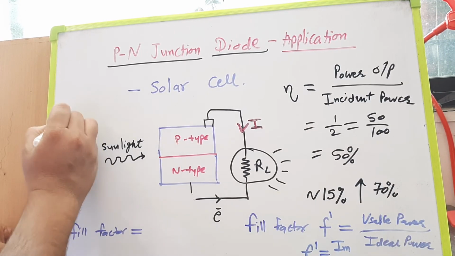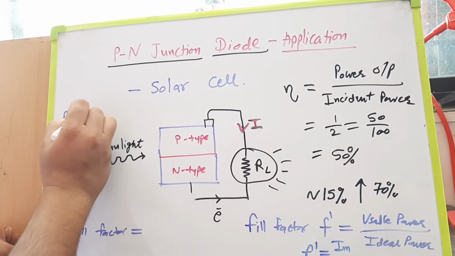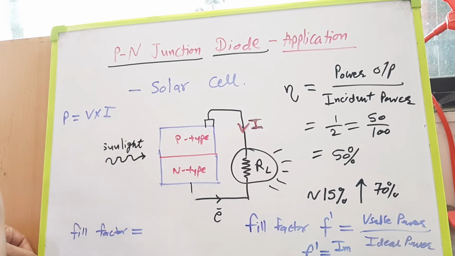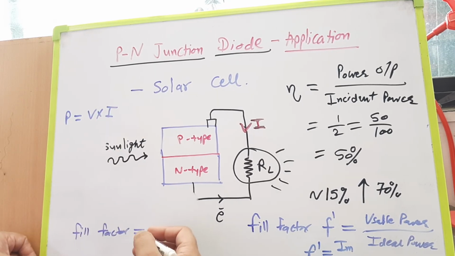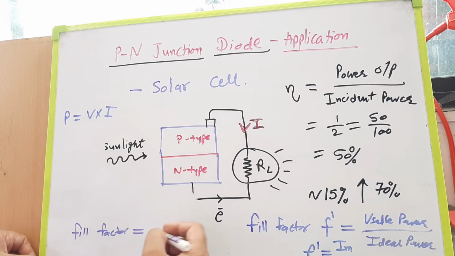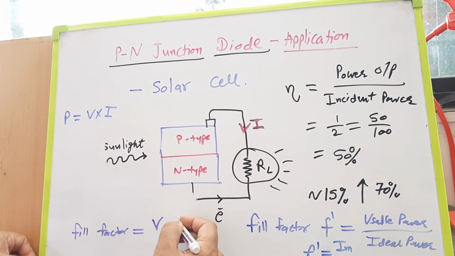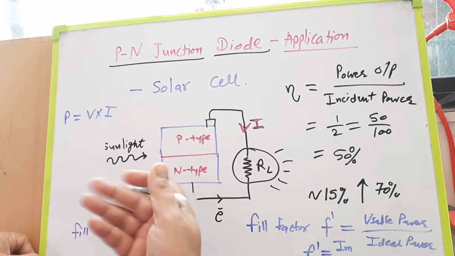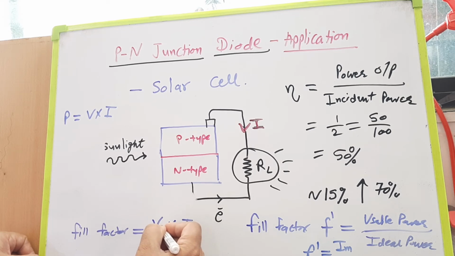So power is, you already I think remember the formula, V into I from 12th syllabus. So voltage into current is a power. So ये दोन्ही ठिकाणी V into I असणार आहे न्यूमरेटर आणि डिनॉमिनेटर मध्ये. फक्त the numerator is usable power, ज्याला तुम्ही मॅक्सिमम पॉवर म्हणता.